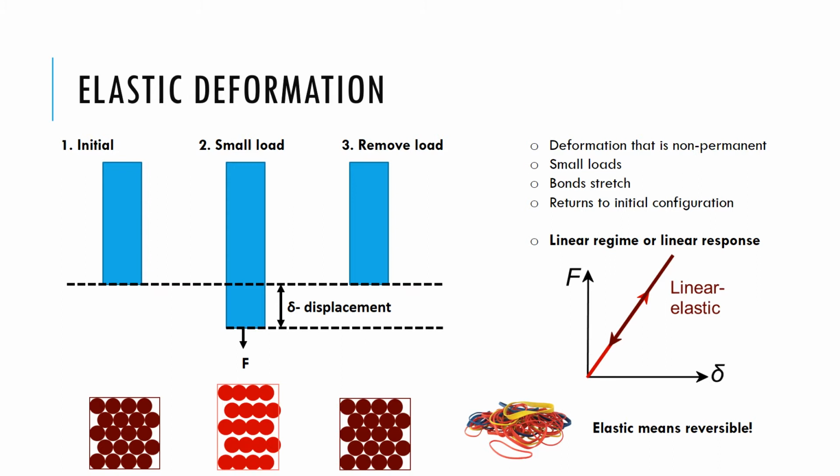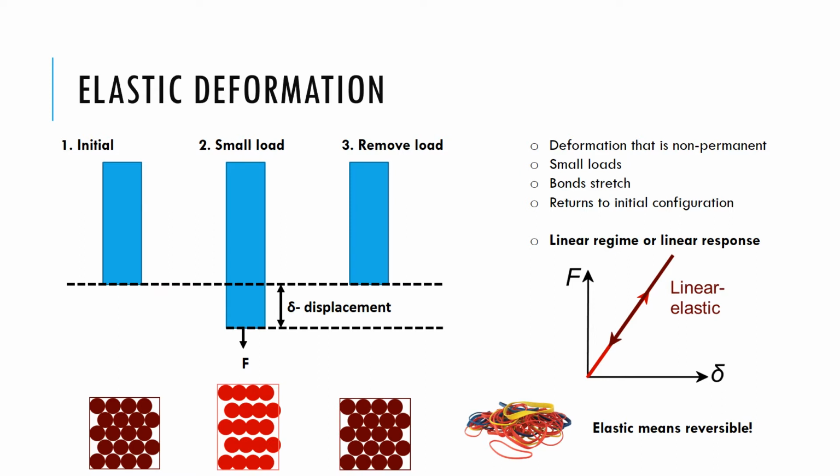And if we think about this on the atomic scale, we're only talking about bonds stretching slightly. So we're not placing bonds under such pressure that they rupture or they break. We're talking about a very small load that causes only small stretches in bonds and only very, very minor perturbations in atomic position. Importantly then, as we said, those bonds that make up the crystalline material of the metal return to their original configuration the moment that the load is removed.